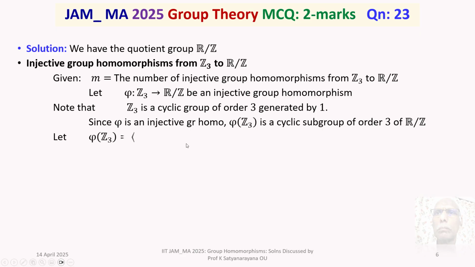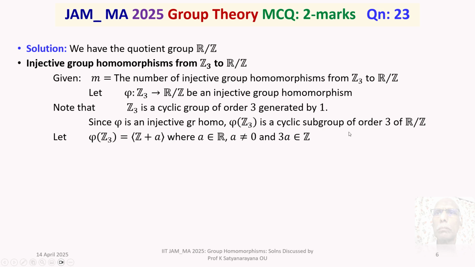Let phi of Z3 be a cyclic subgroup of order 3 of R/Z, generated by Z plus a, where a is a real number, a not equal to 0 and 3a belongs to Z. Why?